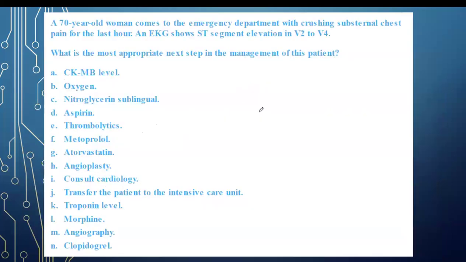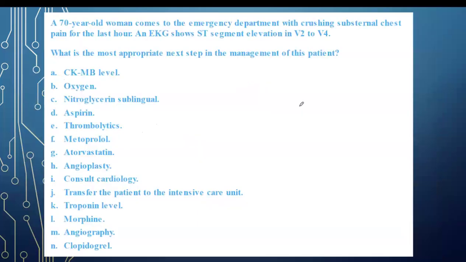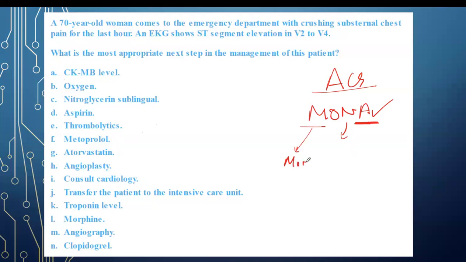Any patient who comes to us with features of ACS, we start the patient with monotherapy. Among the monotherapy, aspirin is the main one. The others are not the most important. Like we have morphine, which is mainly for pain.